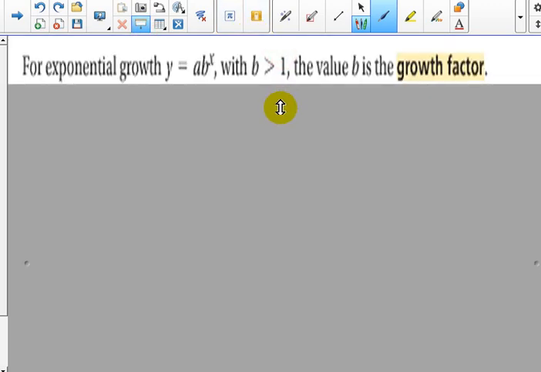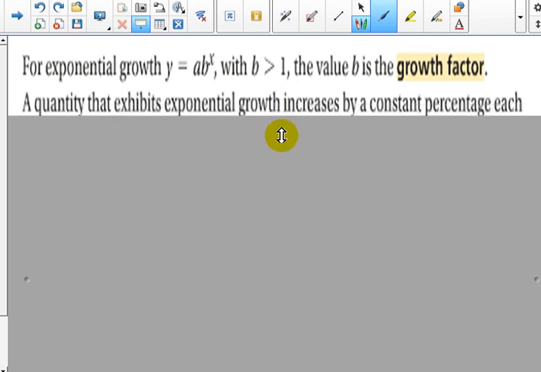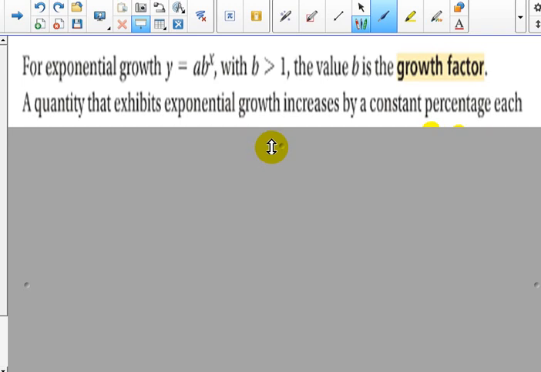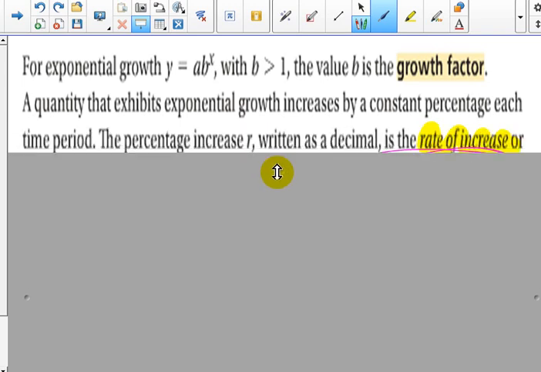For exponential growth, we've got y equals a times b to the x power, where b is greater than 1. If b is greater than 1, then we say that b is the growth factor. That's the factor at which it's growing. A quantity that exhibits exponential growth increases by a constant percentage each time period.